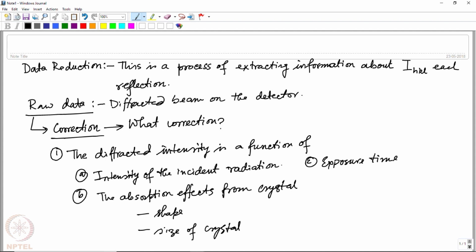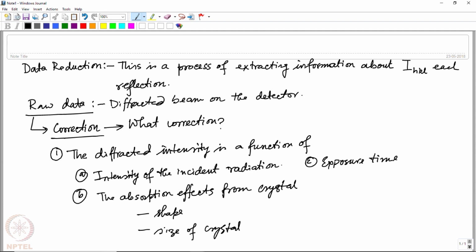And mind you, it is possible to collect data on one crystal with different exposure times for different 2 theta positions of the detector, because if you want to record any high resolution X-ray data, you may have to move the detector to a very high angle, maybe 40, 50, 70, 80, 90 degrees in 2 theta, to record data up to 110, 120 degrees in 2 theta.